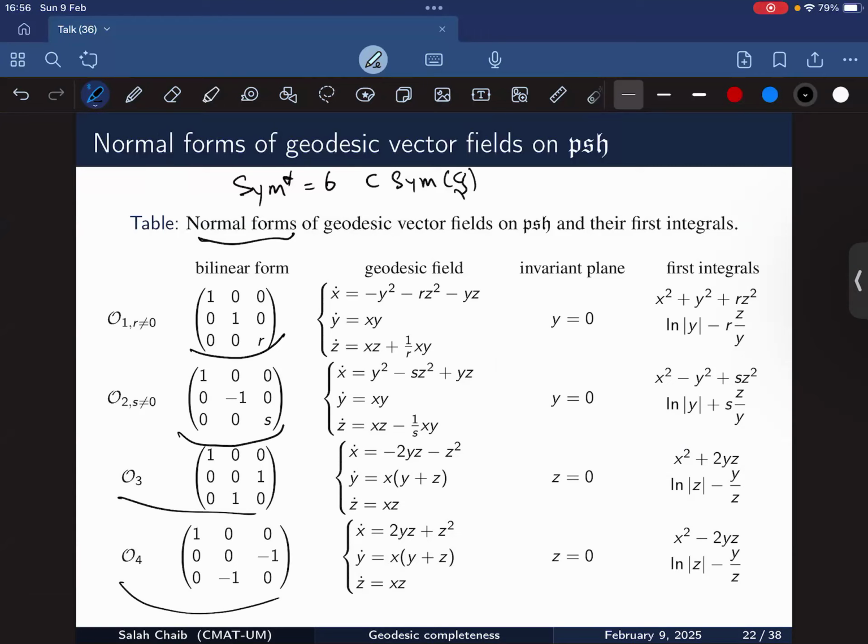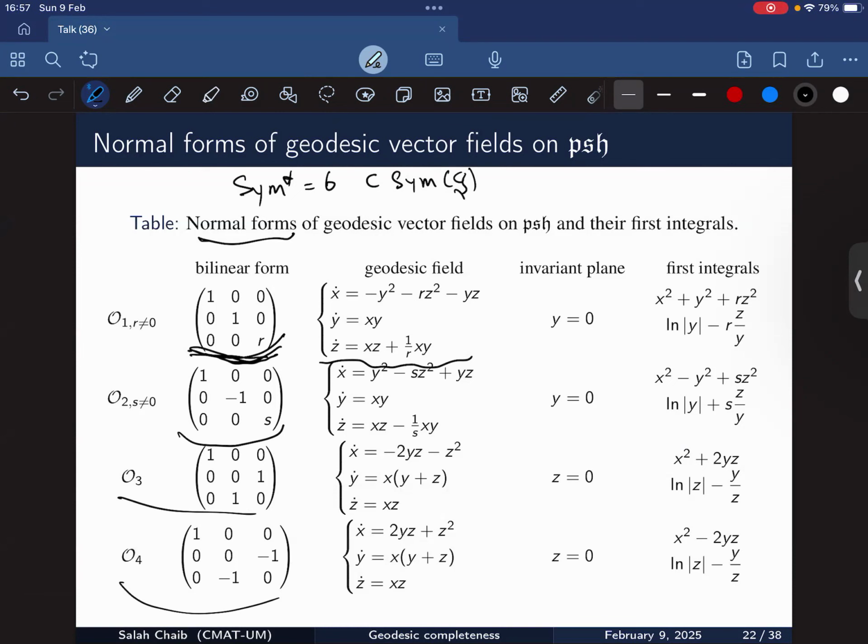For each preferred representative of a class of metrics in the moduli space, we write the geodesic equation for the corresponding metric. Again, these are homogeneous quadratic equations.